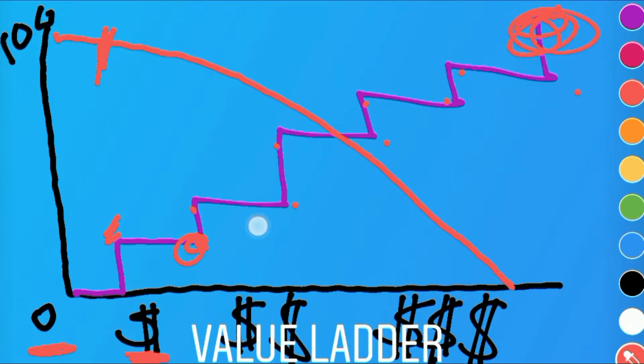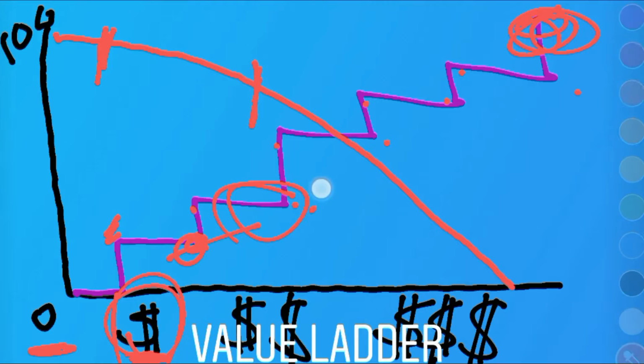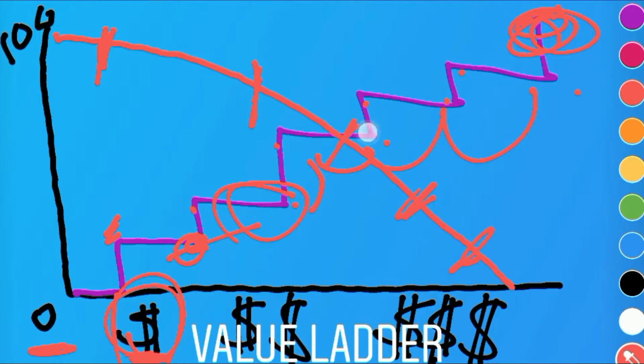But make sure it's more than this first dollar amount here. Just keep offering more and more expensive things until you get to your max amount. That way, you're making the most money. The audience that you may have lost is compensated by the price point of your services. But you always have to make sure you walk them up the ladder.